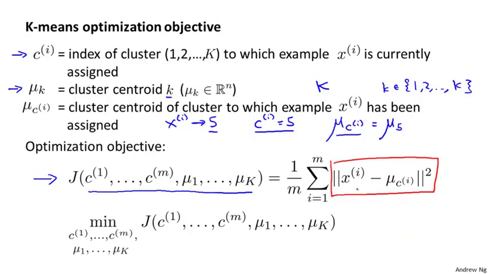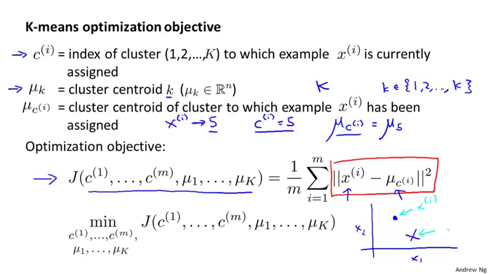Let me explain this. Here's the location of training example x^(i), and here's the location of the cluster centroid to which example x^(i) has been assigned. To explain this in pictures, if here's x_1, x_2, and a point here is my example x^(i), and if x^(i) has been assigned to some cluster centroid, I'm going to denote my cluster centroid with a cross.